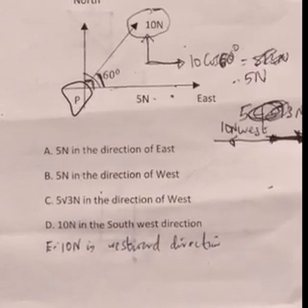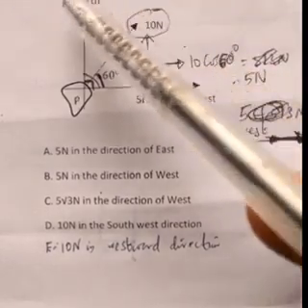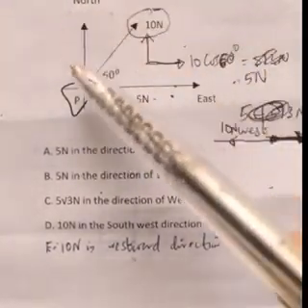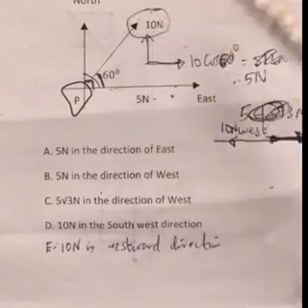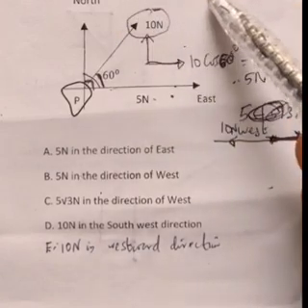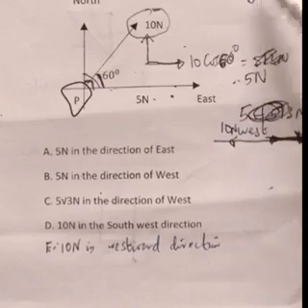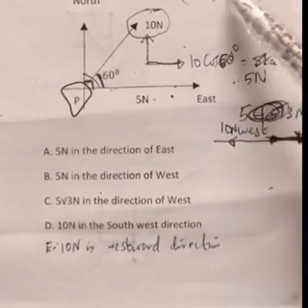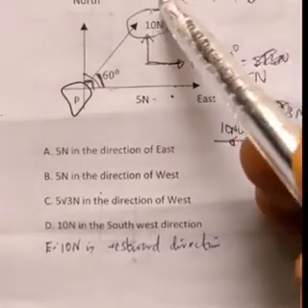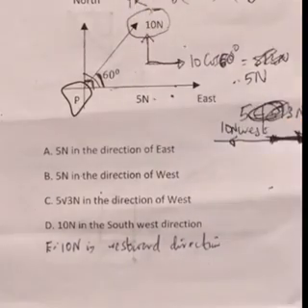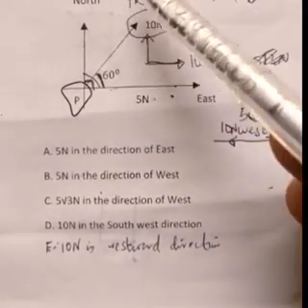Admin, the question says, what is the force needed to stop the body from moving? Then we have to look for the total resultant force. So we are going to consider the sum of all the forces along x, the sum of all the forces along y. We square this, we add it, find their square root. That will give us the resultant force. We'll look for the direction of the resultant force.